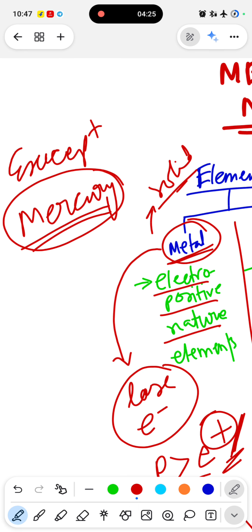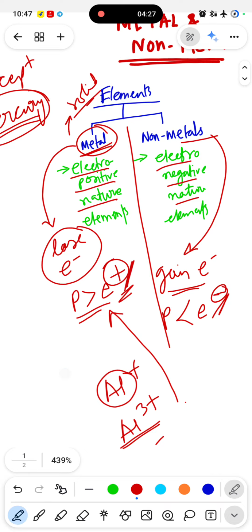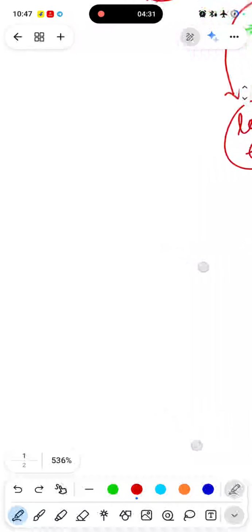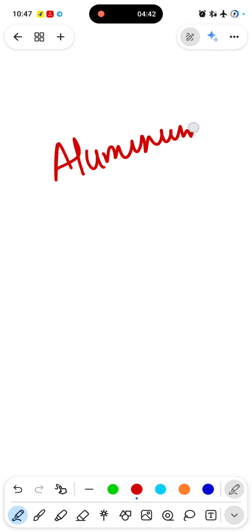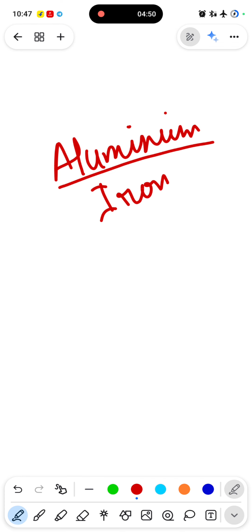Now, based on the abundance of metals, we can write their abundance in this way. The most abundant metal in our Earth's crust is aluminium. The second most abundant metal is iron.